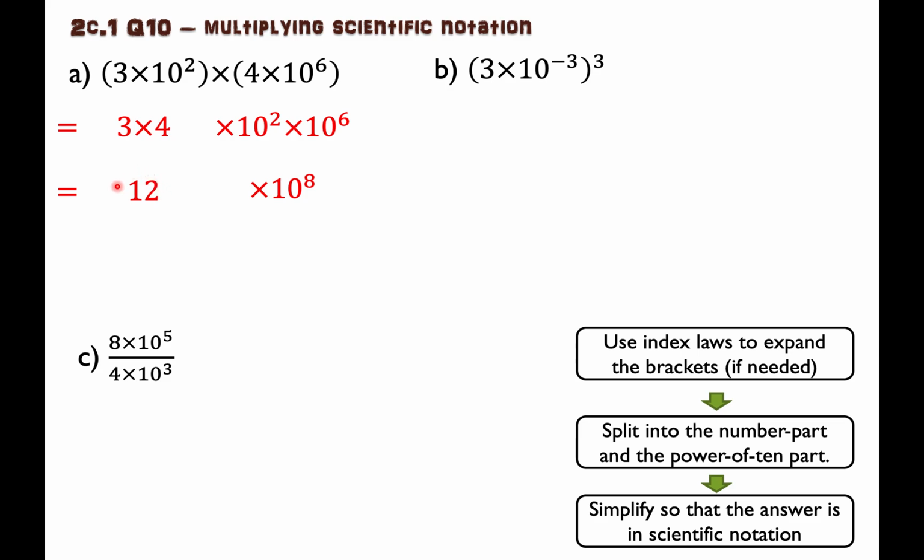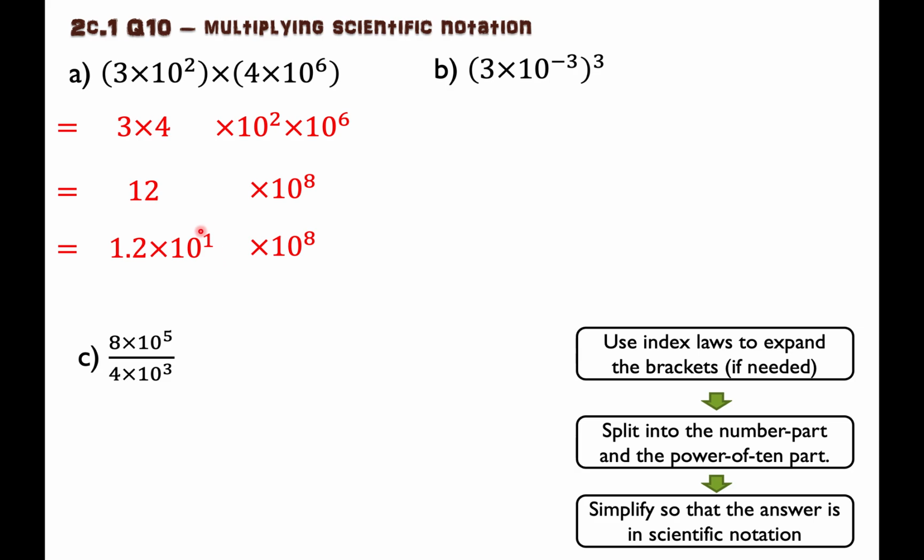So I'm going to have to convert this bit into scientific notation. To do that, I can recognize that the decimal was here, and it moves one place to the left. So this number is 1.2 times 10 to the power of 1. It's 1 because the decimal moved one place. And then I can copy the times 10 to the power of 8. 12 is the same as this.